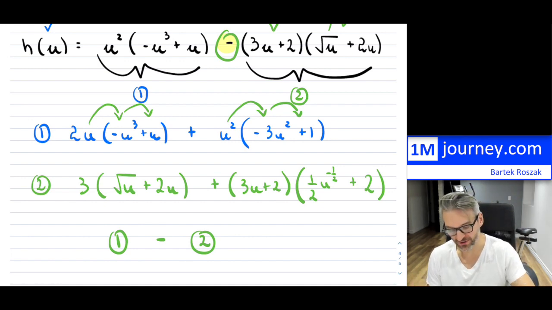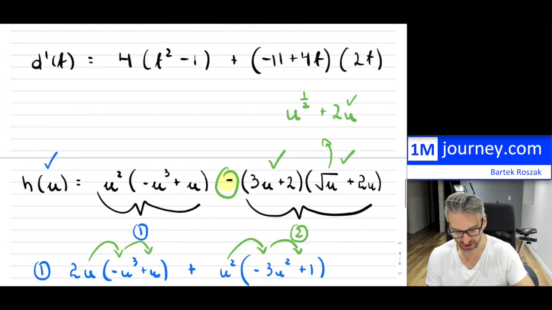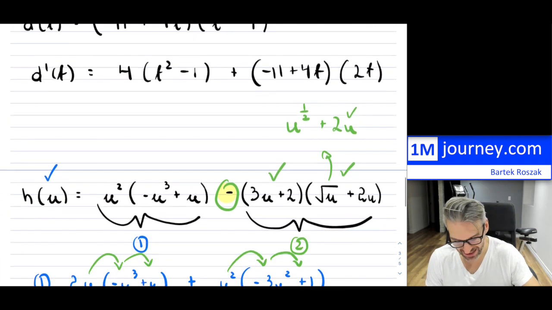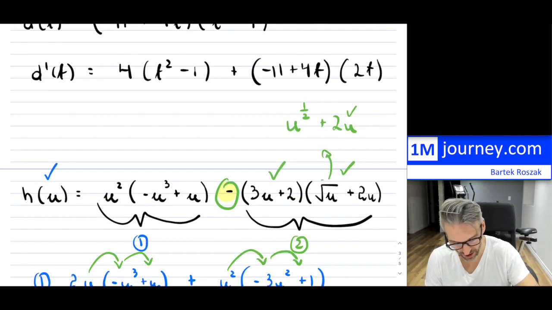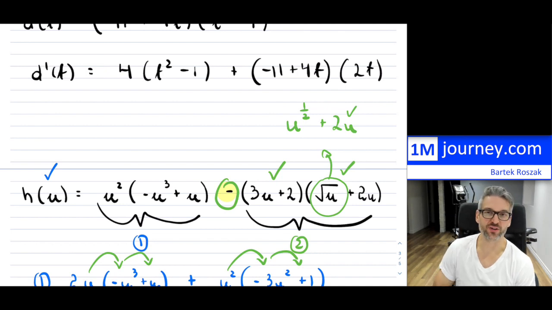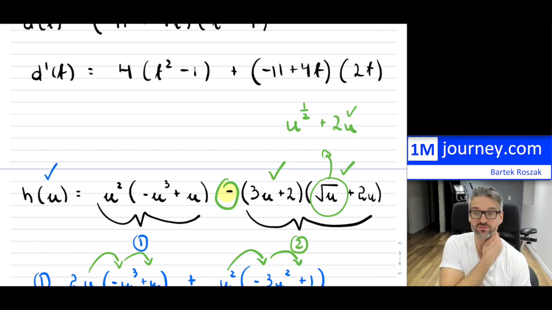Now, still be mindful, of course, that all of the ones that we did are pretty well behaved. But this last one that we did, we do have to be careful because we have the square root of u. So it's actually not defined for all u, right? So u can't be negative. So we have to be careful there in terms of that function.